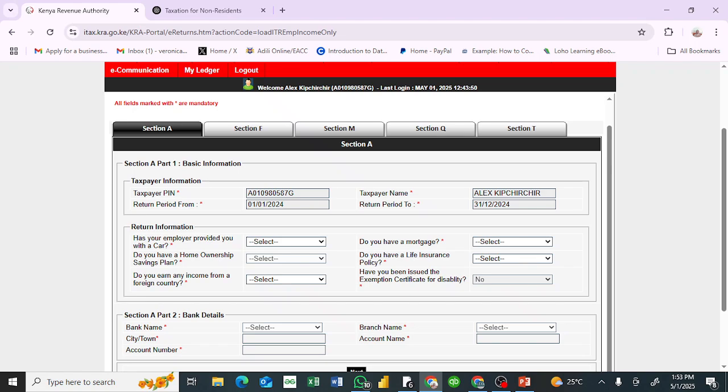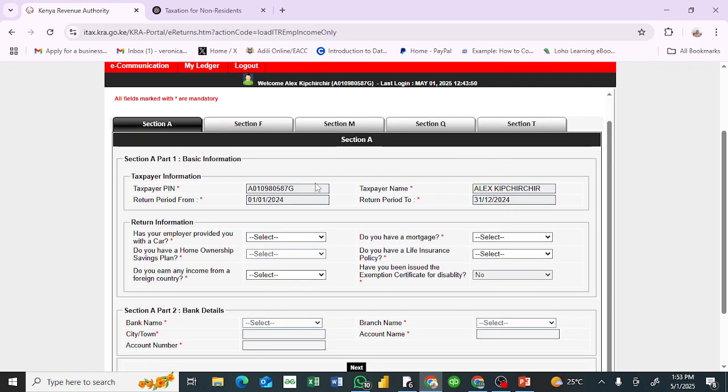So under section A, we have these options. Unakuja, has your employer provided you with a car? If the employer has provided you with a car, yes. For me, unaweka no. Do you have a mortgage? No. If you have, unaweka yes.